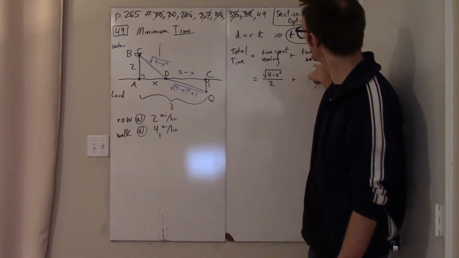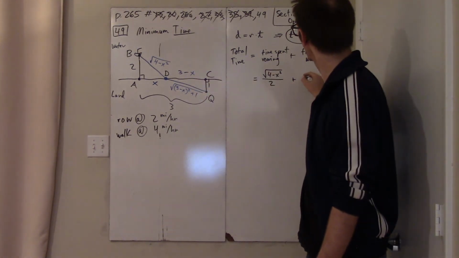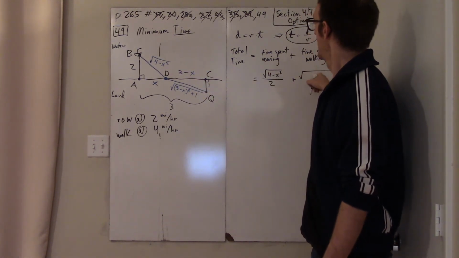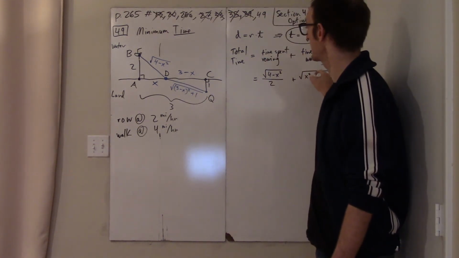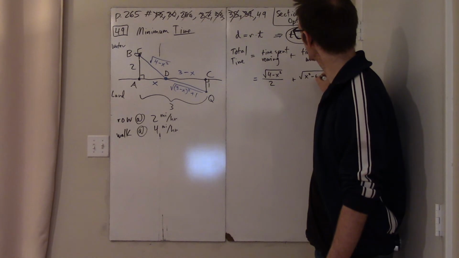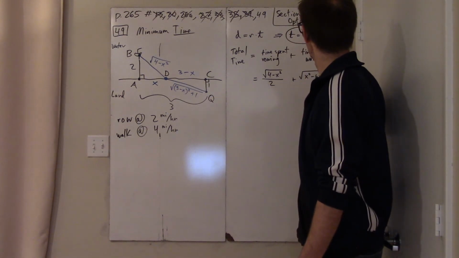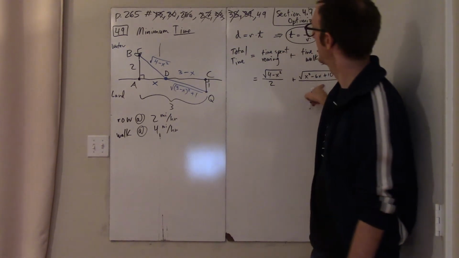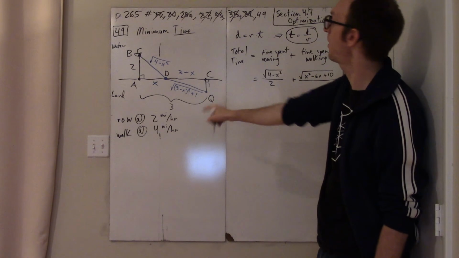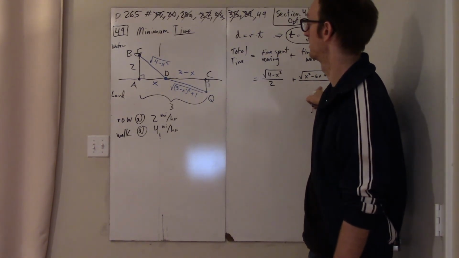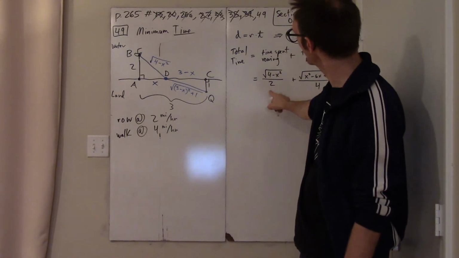And the time spent walking is the distance which I walk, which is root, let's see, if I just square this right now, it's x squared minus 6x plus 9 plus 1, so that becomes plus 10, all over the rate at which I walk, which is 4. And so time spent rowing plus time spent walking.